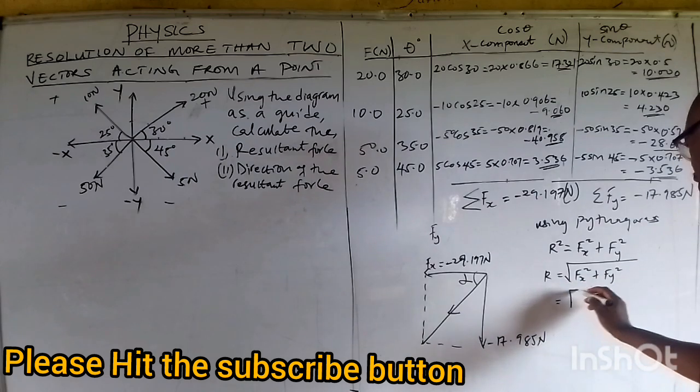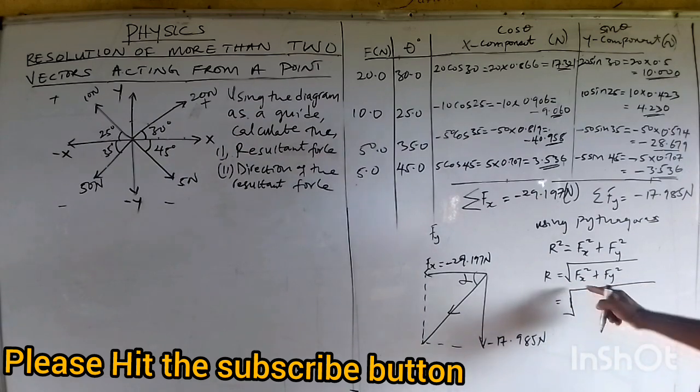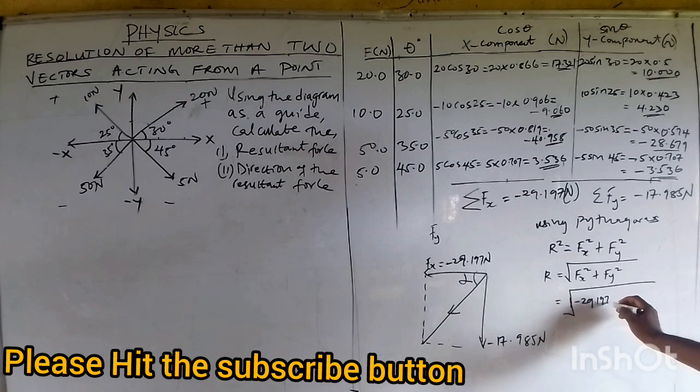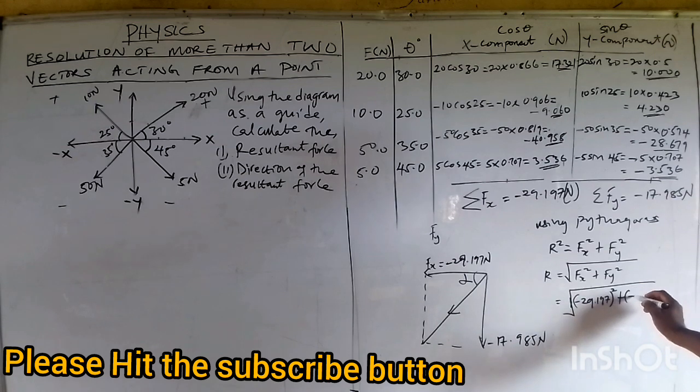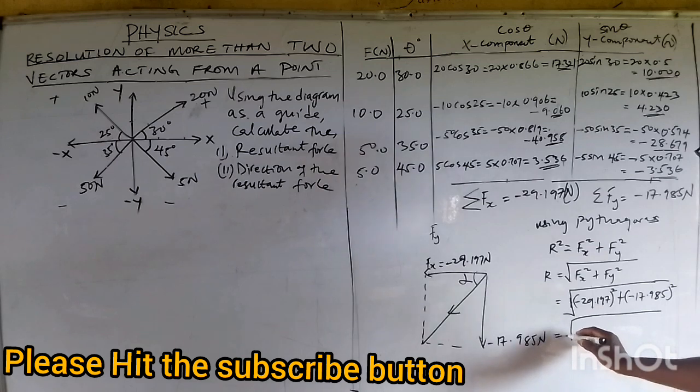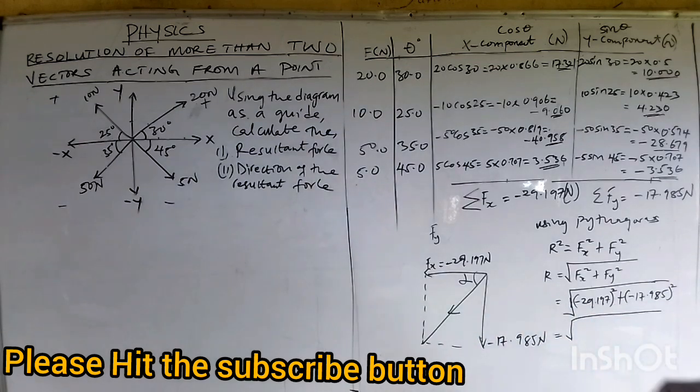So R will give us minus 29.197 all squared plus minus 17.985 all squared, of course, we will take the square root of those values.